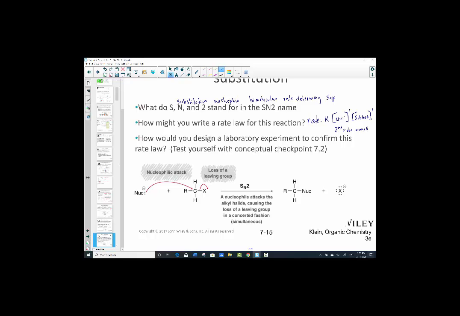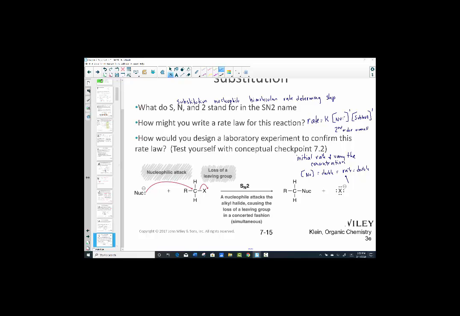Well, this is where you use initial rate data, and you would take initial rates and vary the concentrations of each of the reactants. So for example, if you take the nucleophile and you double the concentration, you would expect the rate to also double. That's first order, right?